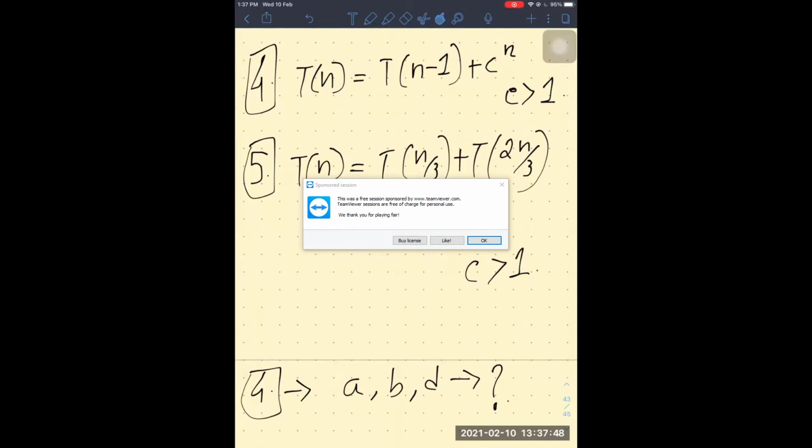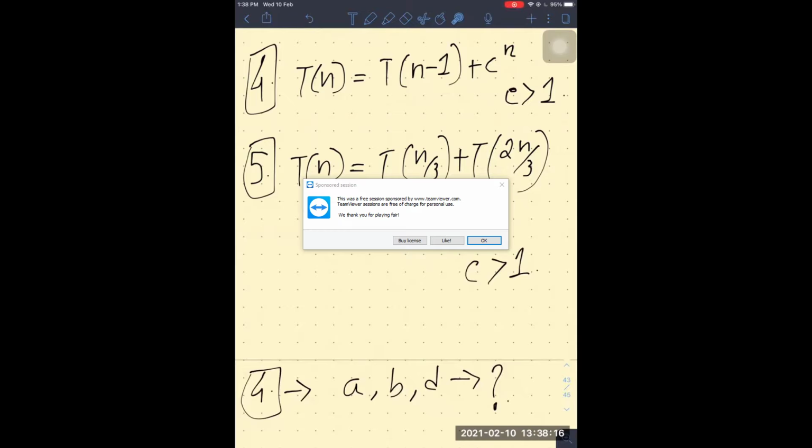And here also it is n minus 1, not n divided by something. So although you have A here, you don't have B, and you also don't have D. So you cannot apply the master theorem on number 4.